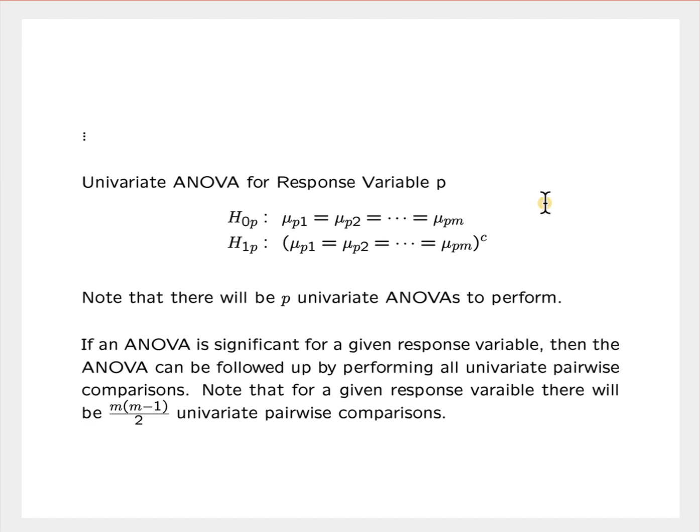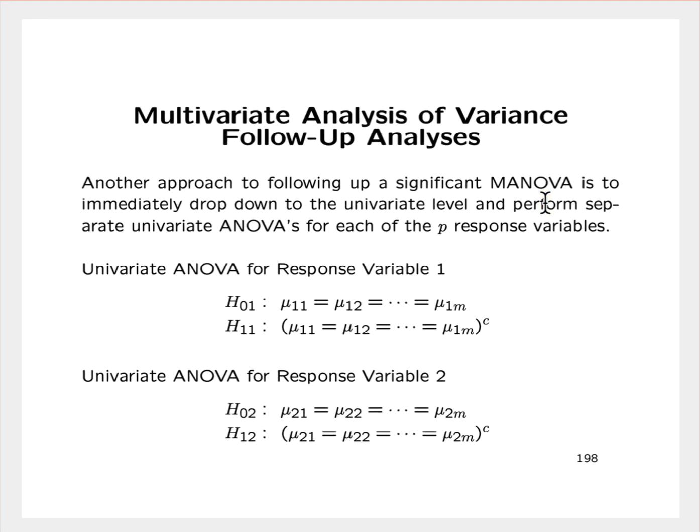And so again, remember there are really two levels of follow-up. The first stage is, once we have a significant MANOVA, and we've thought about the hypotheses of that MANOVA in terms of individual univariate ANOVAs, we immediately drop down to the univariate level. In the preceding procedure, we stayed at the multivariate level and did pairwise comparisons.